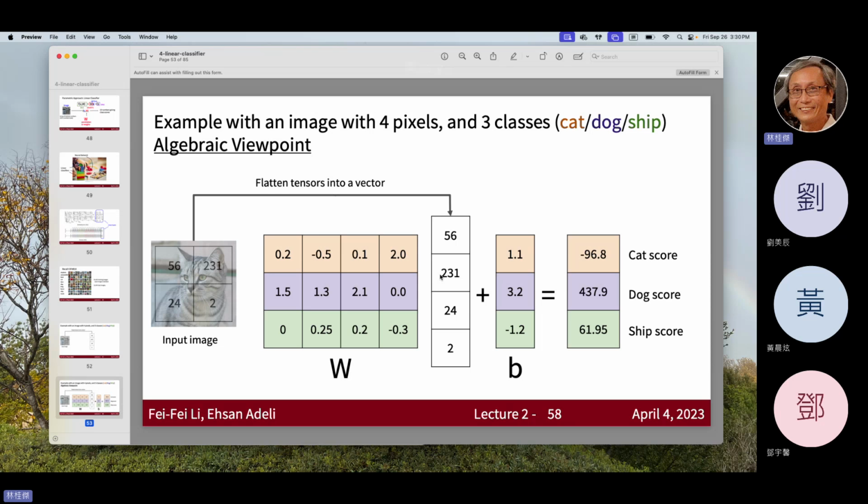You can see that if we have come up with this W, we take these 4 numbers from the picture, multiply them together, and add another one here. This is the bias, also something we ask the computer to help us produce. Then we get another set of numbers, a vector of numbers.